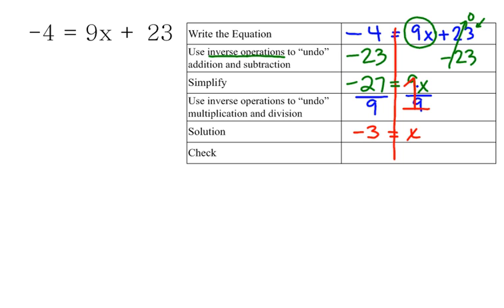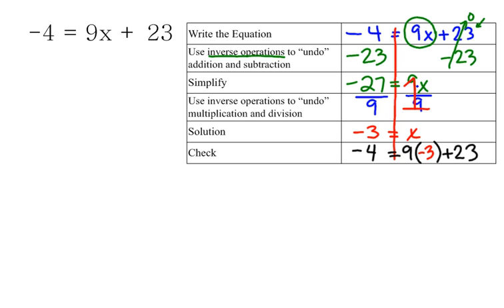And in this last box, I have room to check. And here's what checking will look like. Negative 4 equals 9 times x plus 23. And what do you think I'll fill in that bubble? Well, I'm going to try this negative 3 that I just found was my answer. And now I'm going to see if this actually works out.